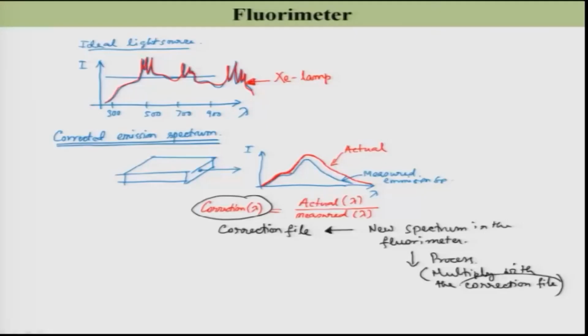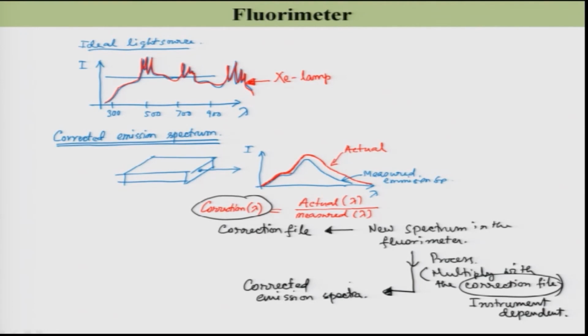So, this correction file is instrument dependent. Once you multiply with this correction file, you are going to get the corrected emission spectra. So, we will stop here and discuss more on this correction in the next lecture.